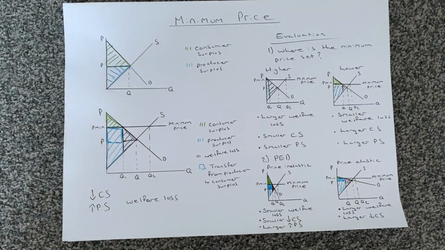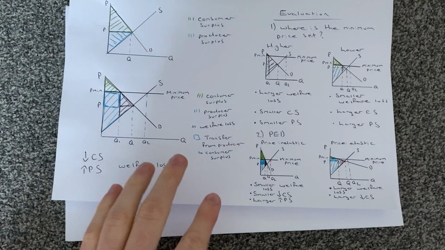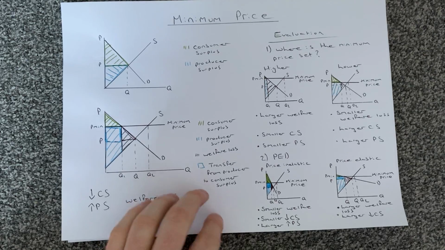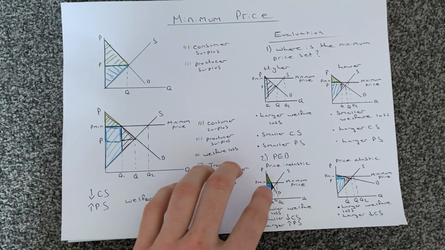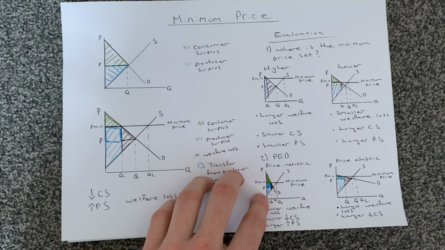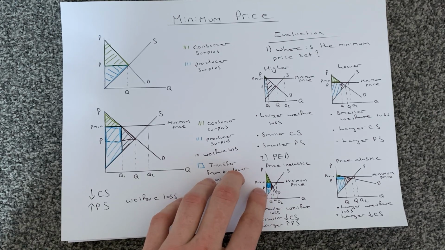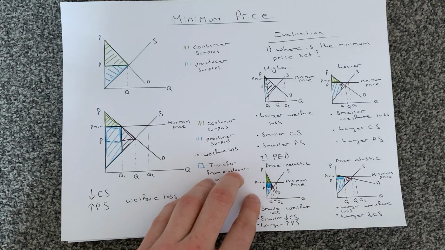So we can see quite clearly that if the product is price inelastic, the actual increase relative to the previous producer surplus is far greater here. Let me just reiterate that point again.